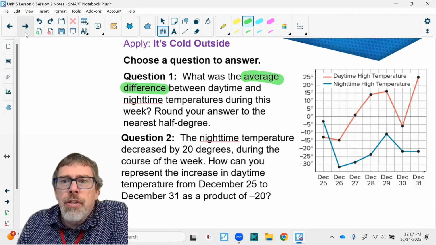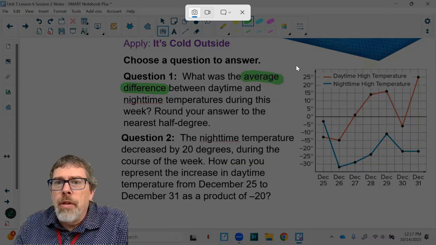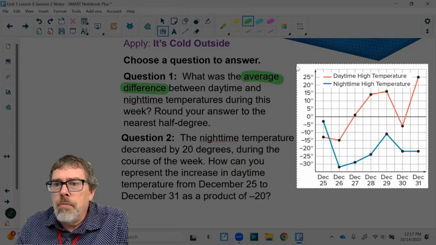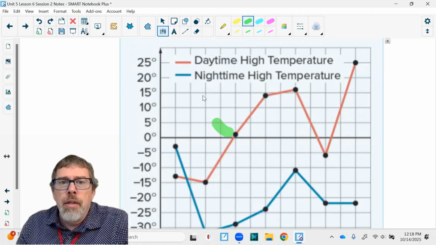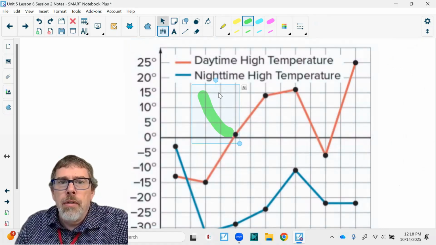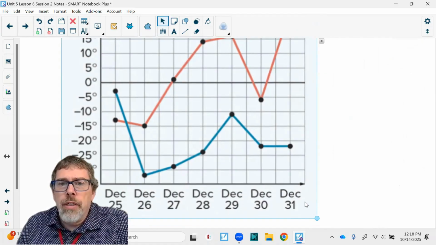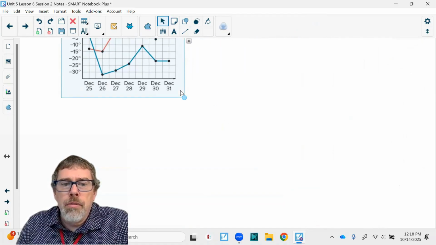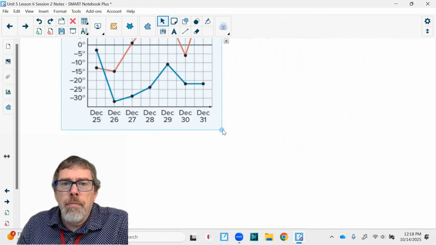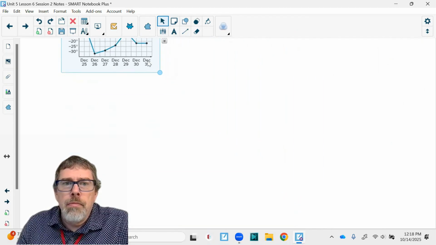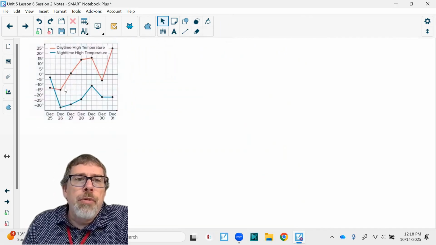So what I'm going to do here is copy this, move to a new screen, and shrink it down. All right, so here we go.